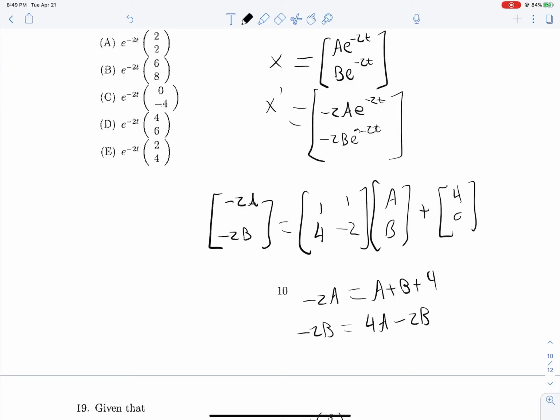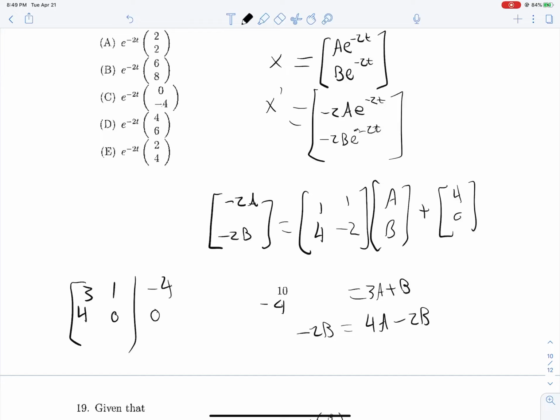So let's set up a matrix here. If we move this over as negative 4 and add this over, so we have 3a plus 1b is equal to negative 4, and 4a plus 0b is equal to 0.